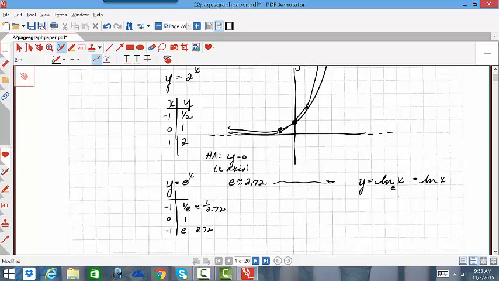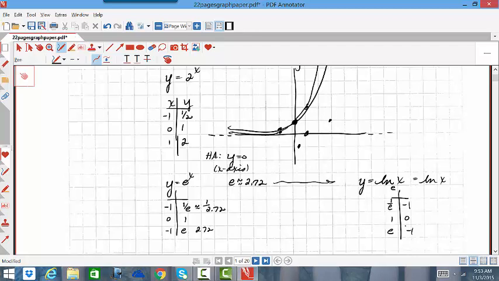So if this is the inverse function, then we know inverses flip their ordered pairs: 1 over e, -1; 1, 0; and e, 1. So if we graph this, 1 over e is like a third, which would be an x value of a third down at -1, the point (1, 0), and then the point at about 2.7 going up to +1.